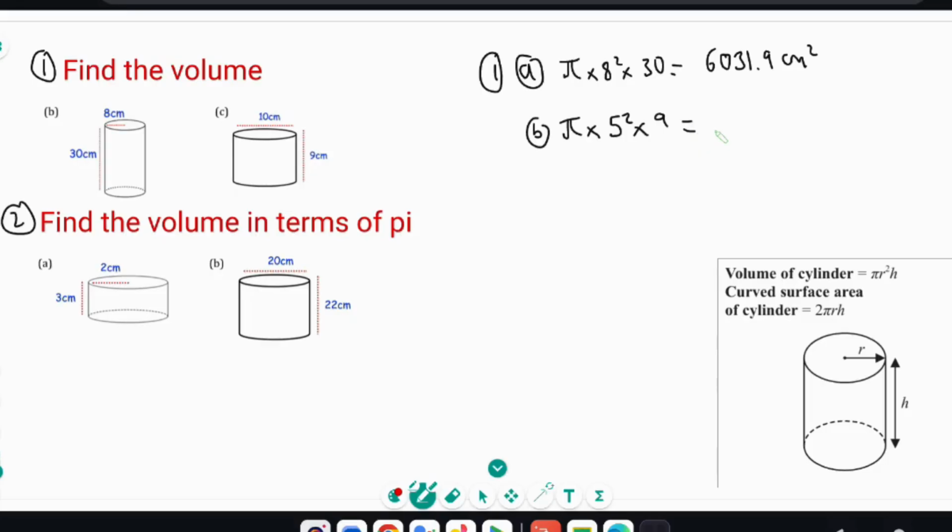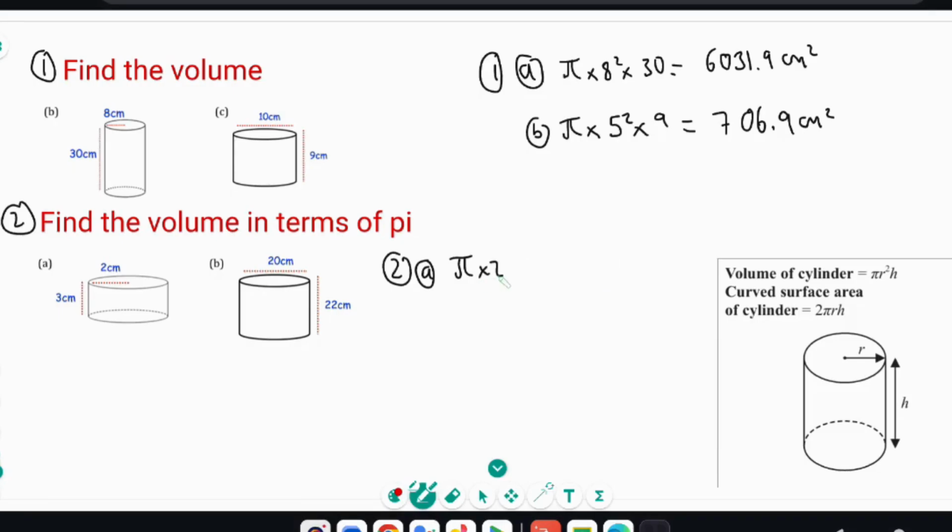B, pi times the radius is 5 times 5 squared times h. 706.9 centimetres squared.